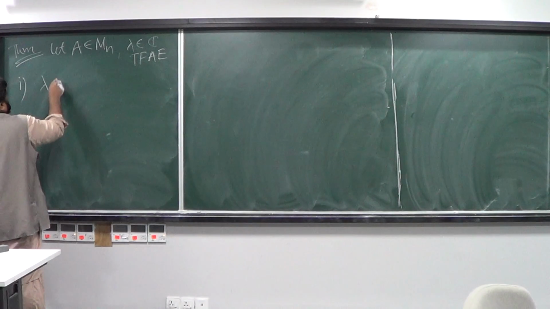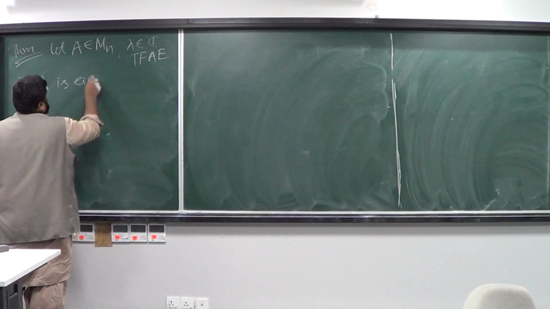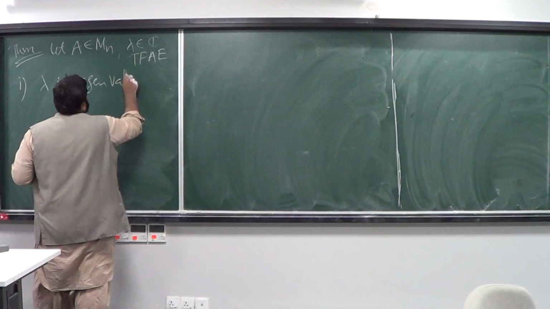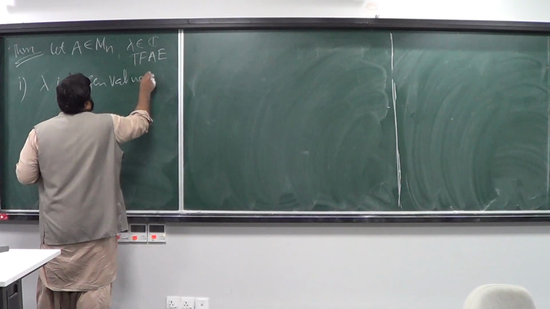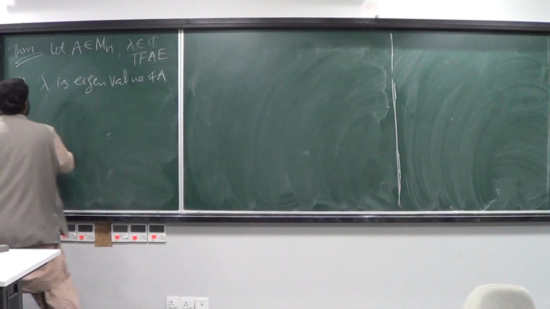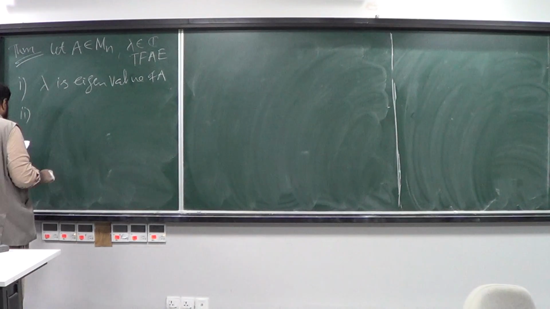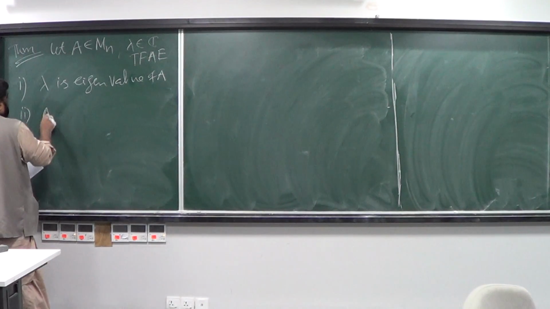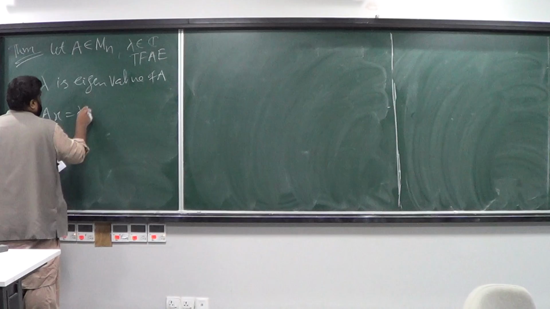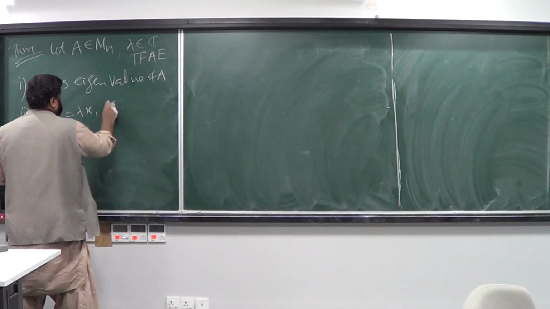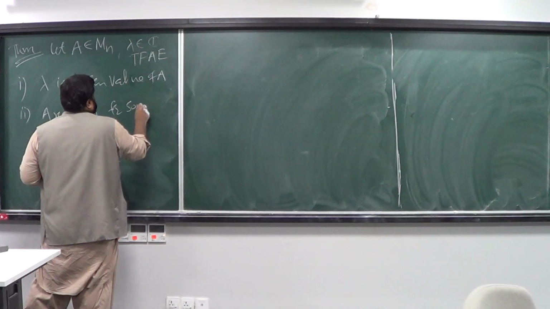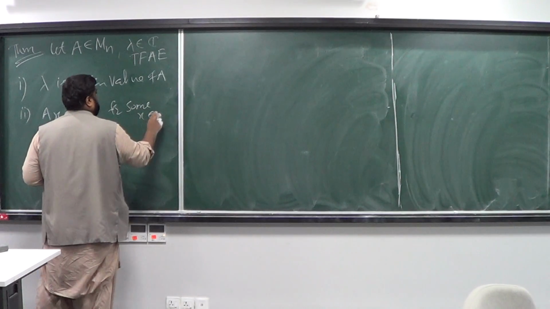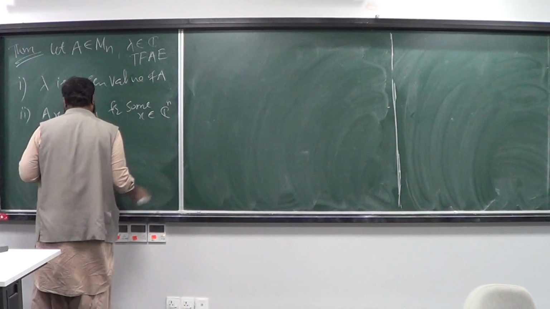So the first is that lambda is an eigenvalue of A, that's number one. Second is that Ax equals lambda x for some x in Cn.